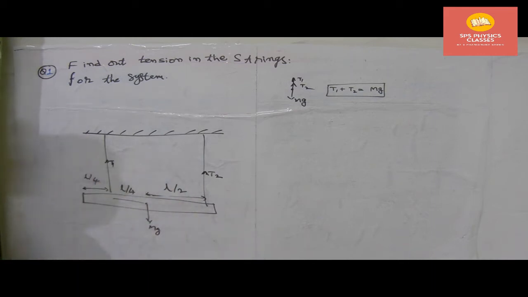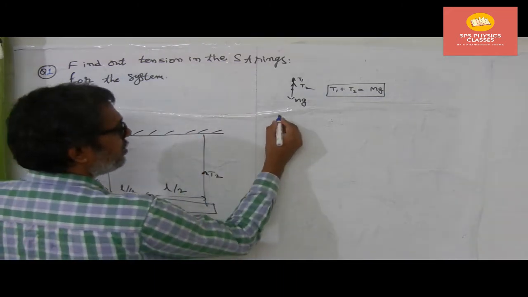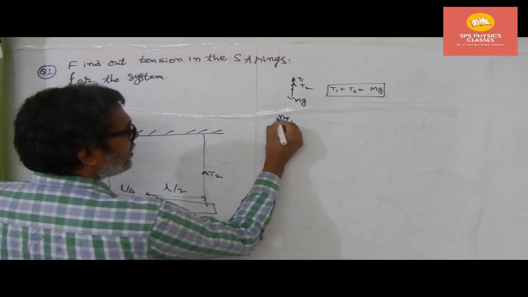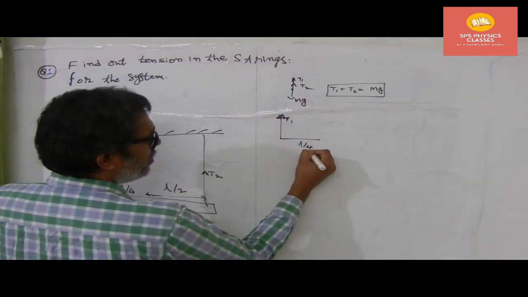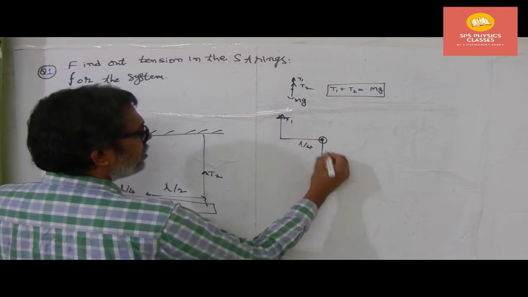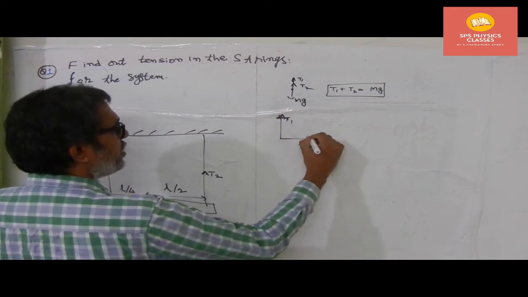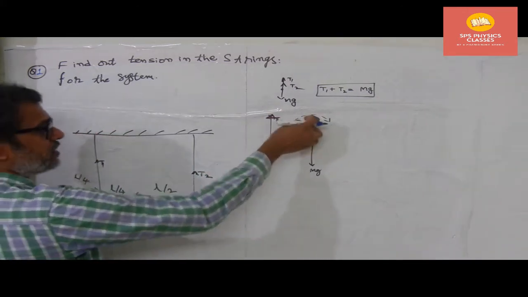So this particular tension T1, at a perpendicular distance of L by 4 about the observation point, the center of mass, will produce a torque in this direction, a rotation effect. What is this torque? Clockwise torque.